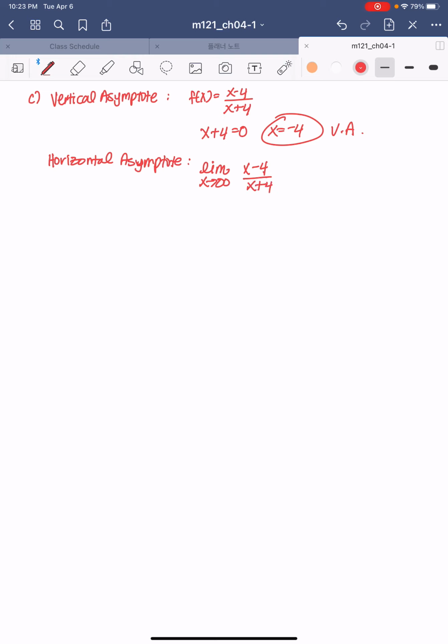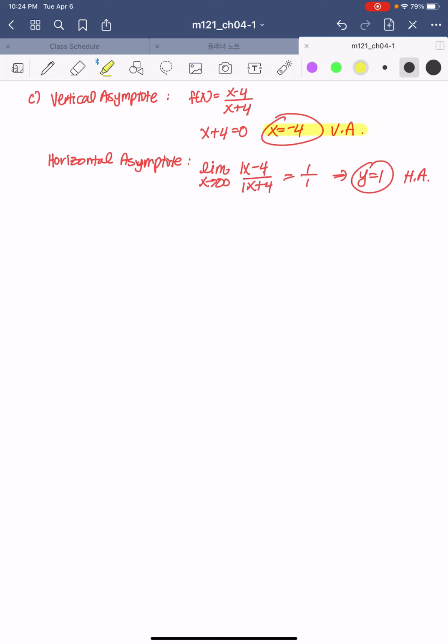Now, we have learned limits at infinity in chapter 2, so I'm just going to use a shortcut. This is the same degree, so we take the leading coefficient, which is 1 over 1. So it's going to be y equals 1. That will be the horizontal asymptote. It's a horizontal line, so that's why it's y equals 1.